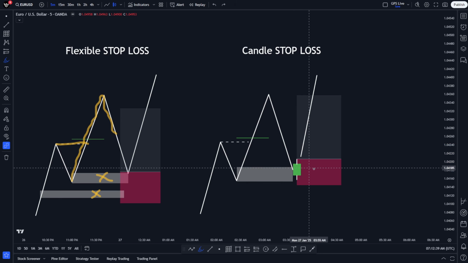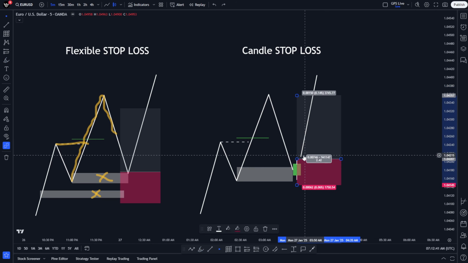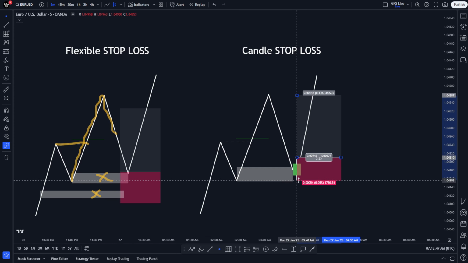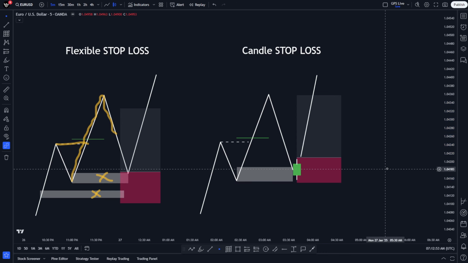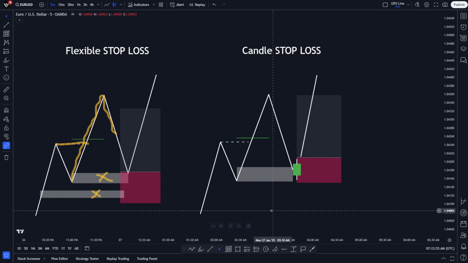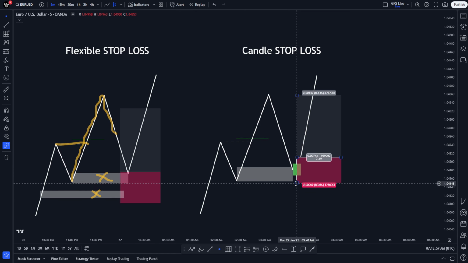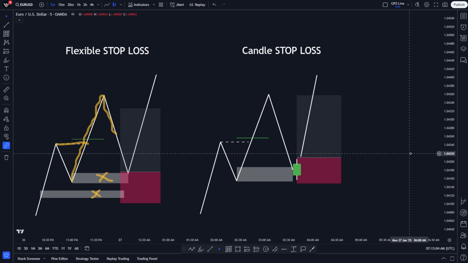After a candle close, you take your order and place the entry on top of the candle, and the stop loss should be placed like 0.2, 0.3 pips below the candle, depending on the time frame you are trading. Let's say you're trading 5 minutes, which I trade. I usually just put my stop loss about 1.5 pips below the candle when I take a stop entry like this.